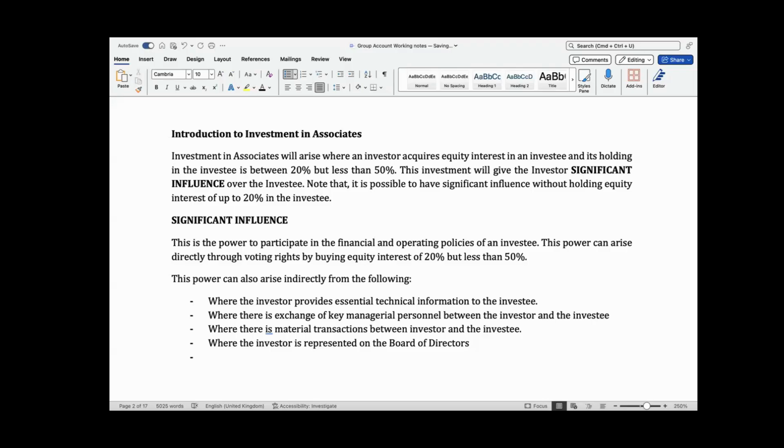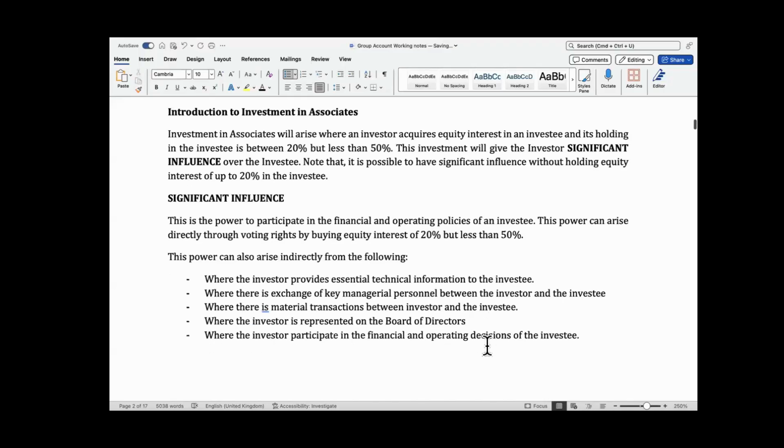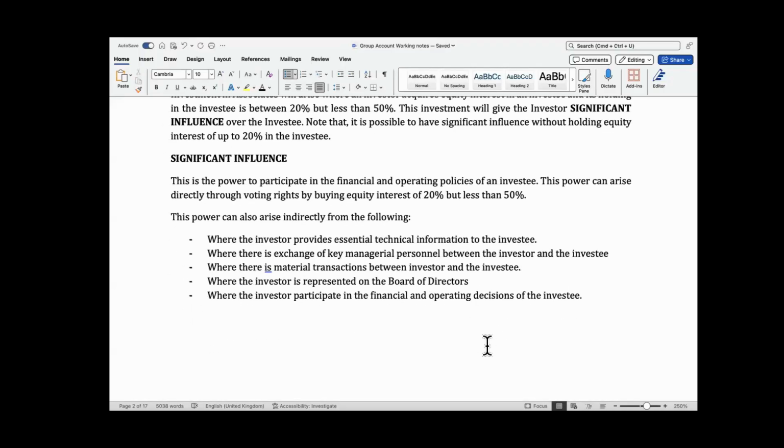Or where the investor participates in the financial and operating decisions of the investee. It shows that you have significant influence. So any of these can also show that you have significant influence over the investee.